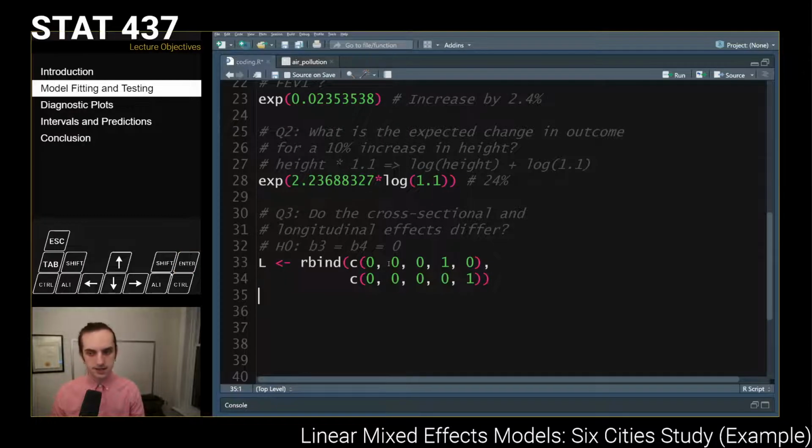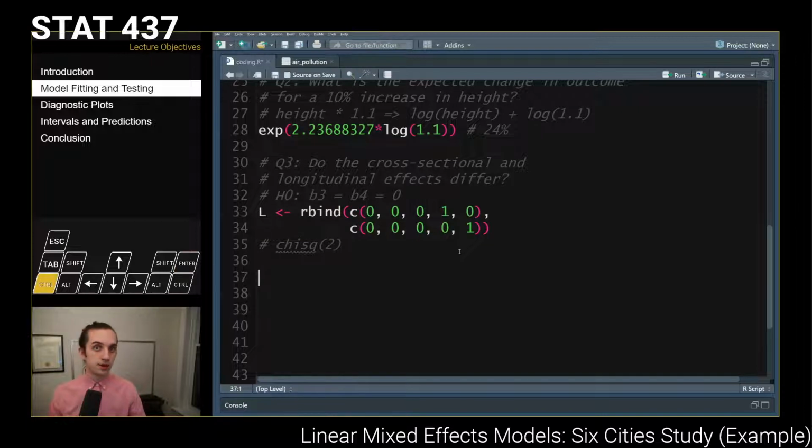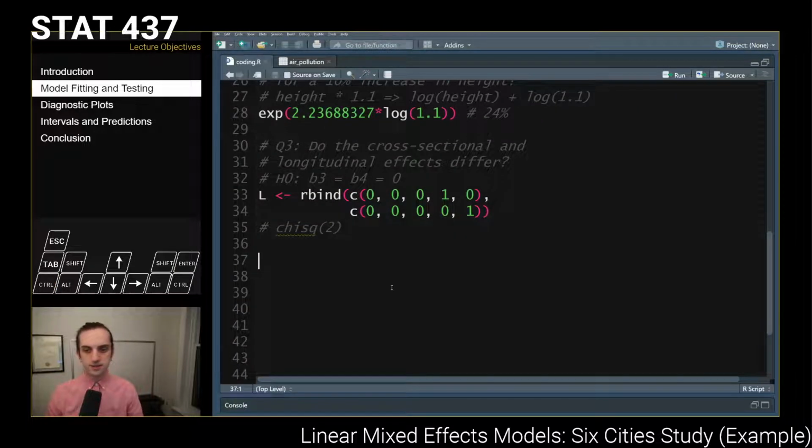And now we would want to test whether L times beta hat is equal to 0, right? And so it's going to end up being a chi-square 2 distribution because there are 2 rows. It's rank 2.